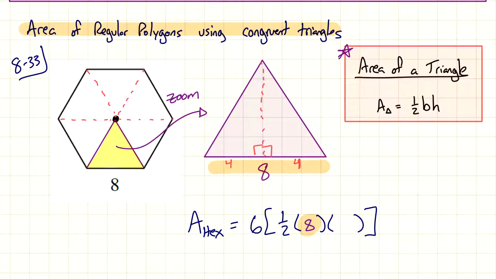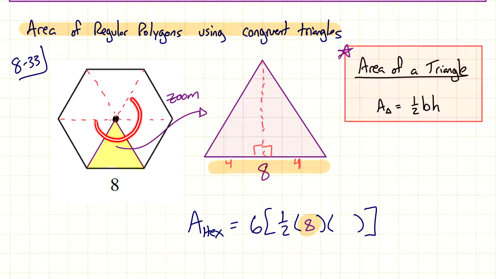Well, if I want to figure out what the height is, I'm going to need either some angle information or another side, maybe the hypotenuse. I don't have the hypotenuse, so I can't use Pythagorean theorem, but perhaps I could figure out some angle information.